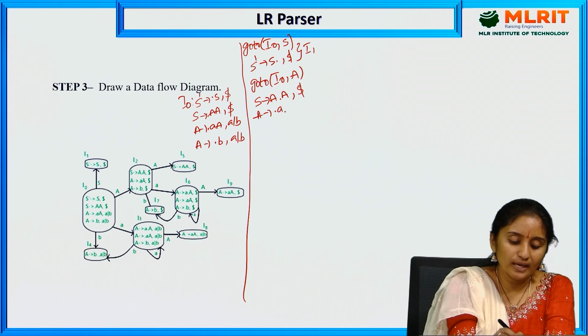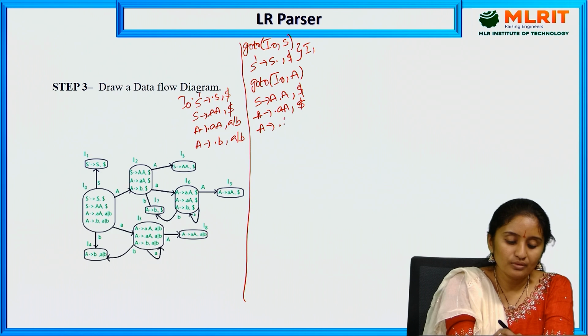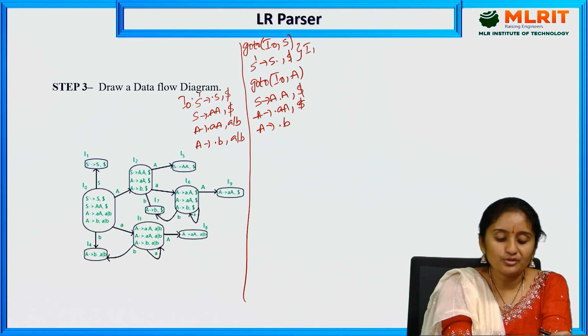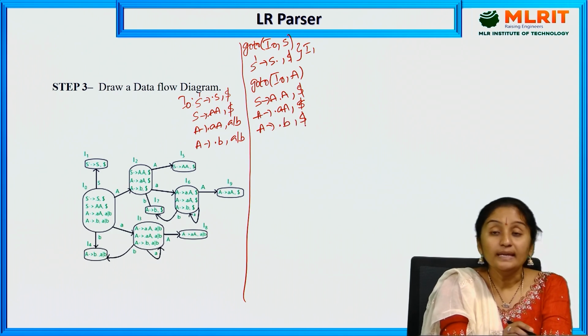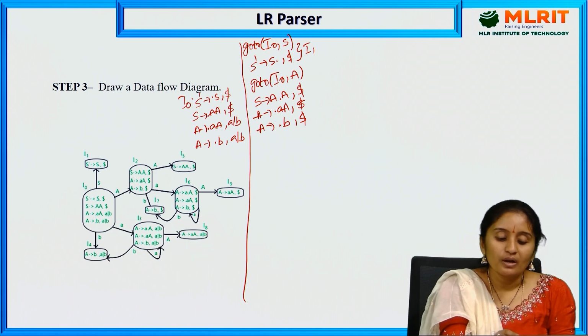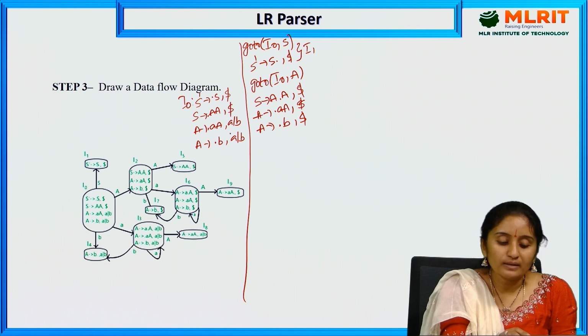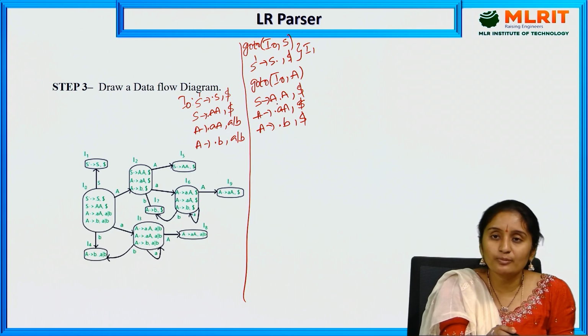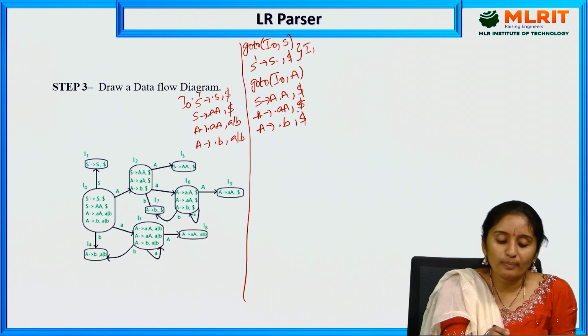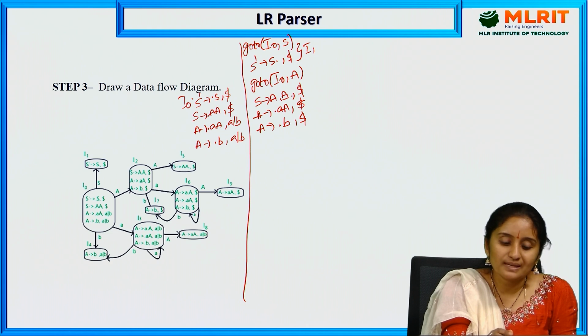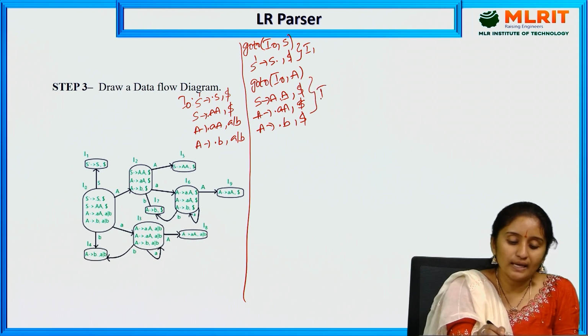A → .A, $. A → .B, $. Even when we copy the productions because of the previous production, the lookahead symbols are not copied. The lookahead symbols are determined based on that production. Since after the dot there is no non-terminal, we directly write the lookahead symbols of that production to these productions. So this is the I2 state.